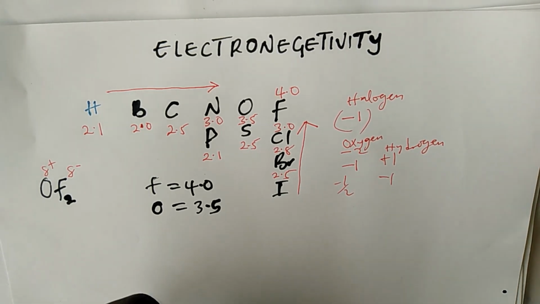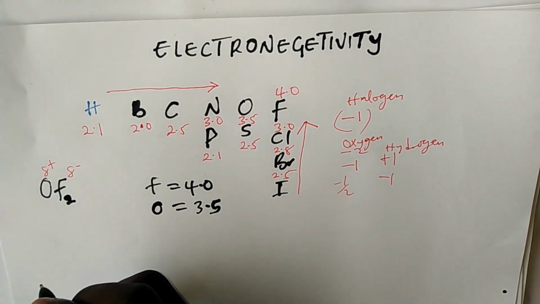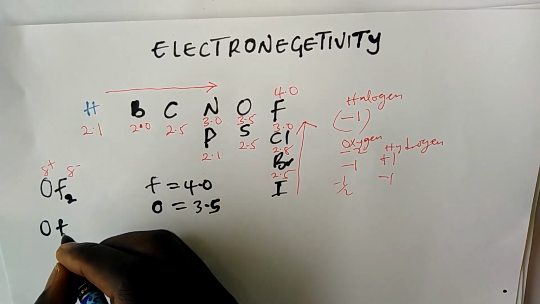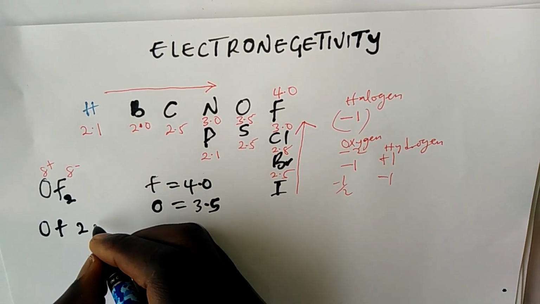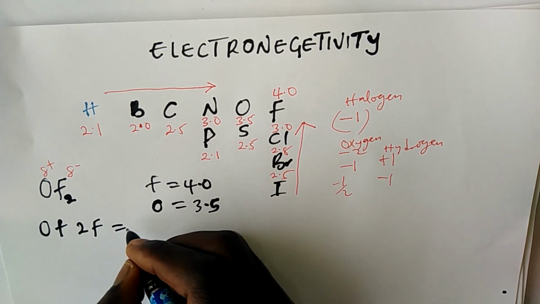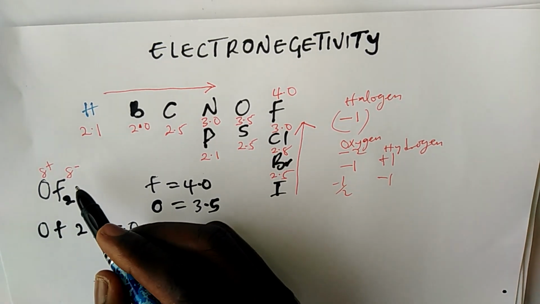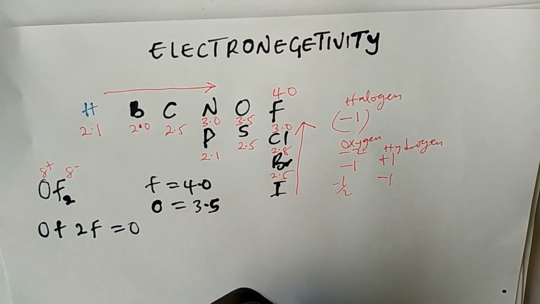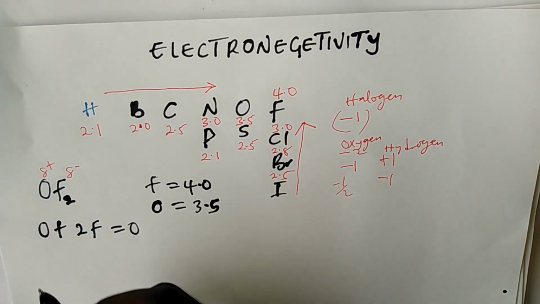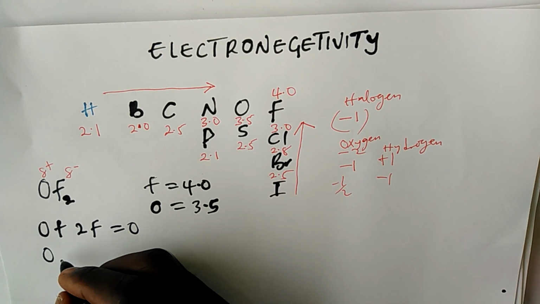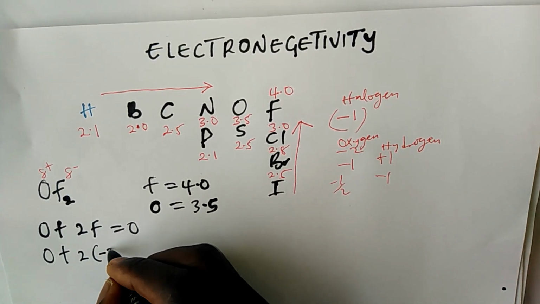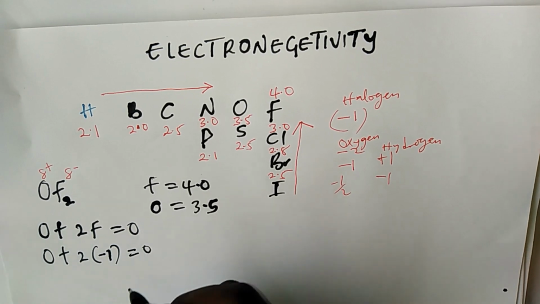Now because fluorine has the highest electronegativity, we say oxygen plus 2 fluorine is equal to 0, because the overall charge of this particular compound is 0. Oxygen plus 2 fluorine, minus 1, is equal to 0.